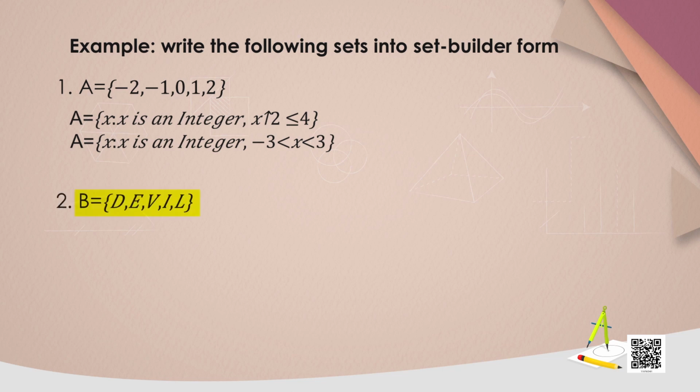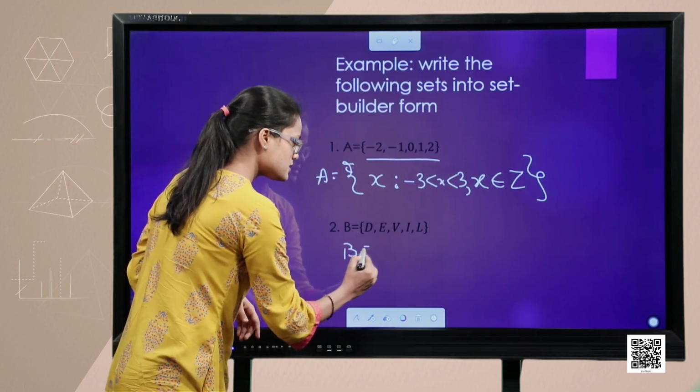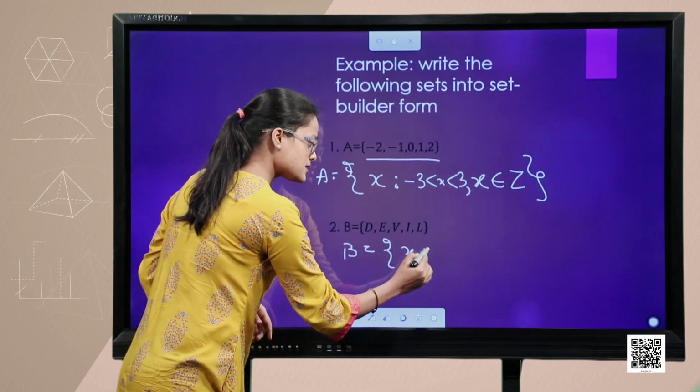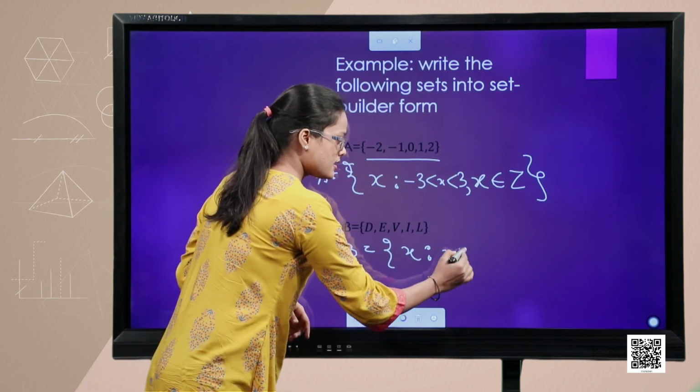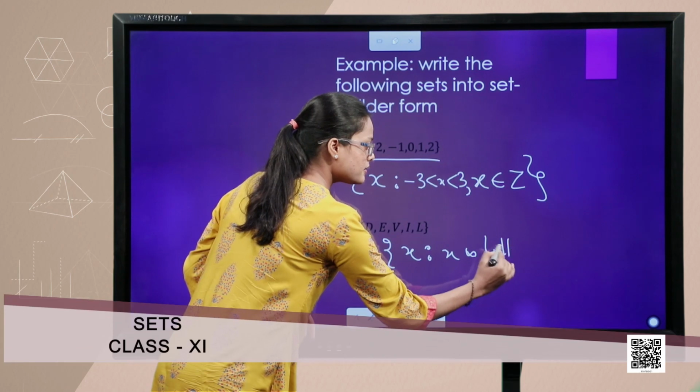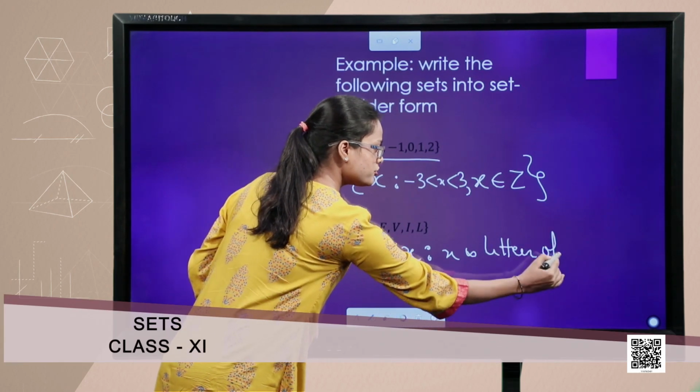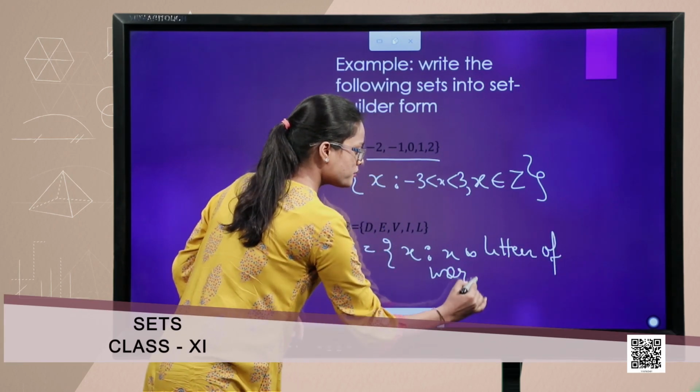Similarly, you can write this set B. B is a set having some letters, which are D, E, V, I and L. So easy, we can form a word. So B can be represented as x such that x is a letter of the word.